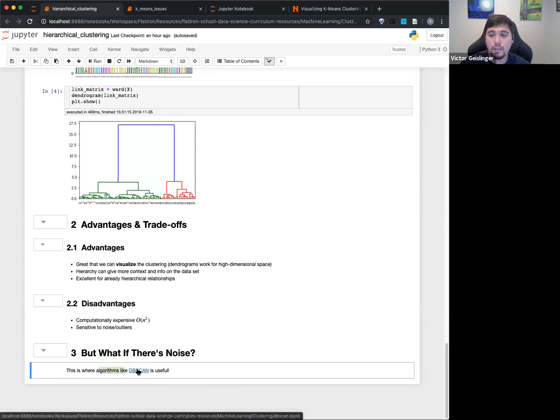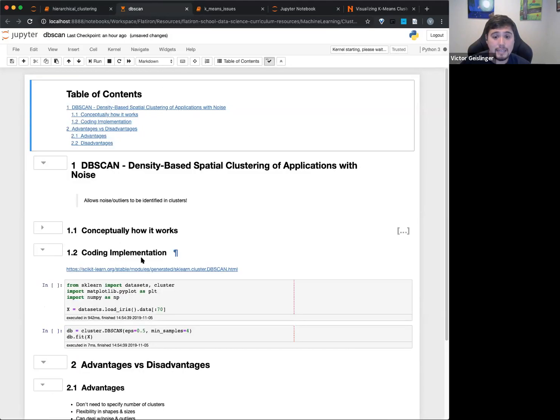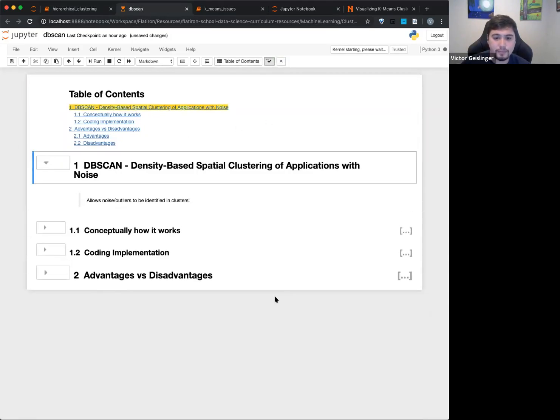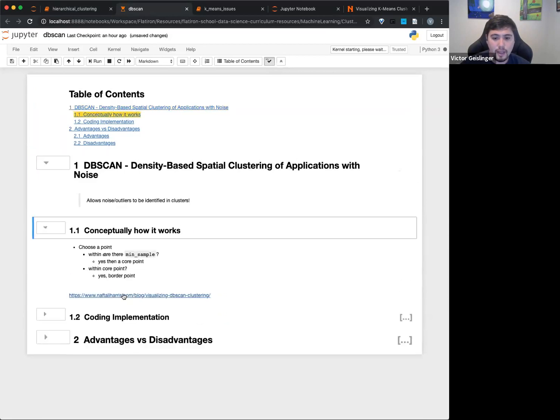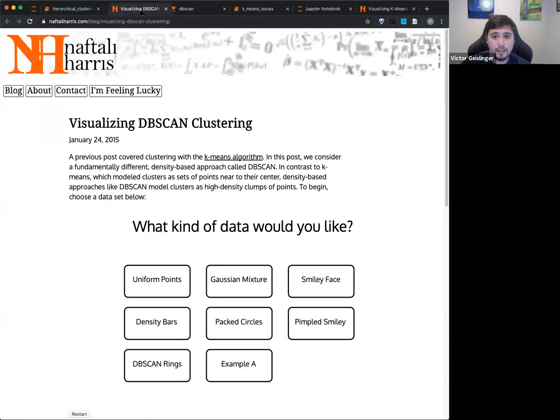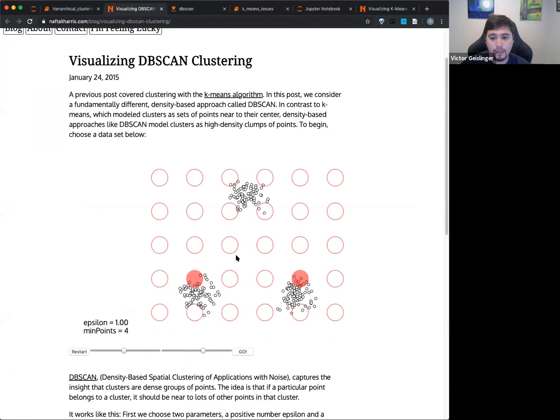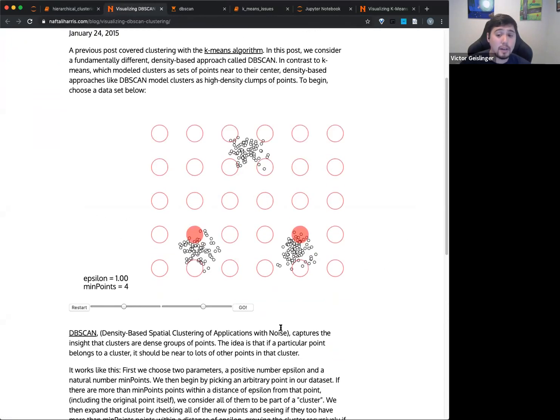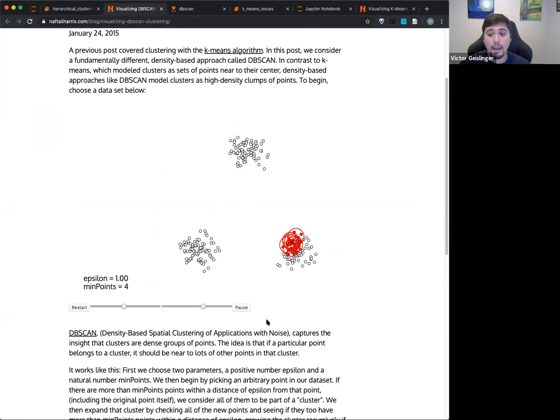I'll do a quick intro before we head out. DBSCAN is going to identify, and I'm just going to show you really quickly what this looks like, because we'll do this next time before we do pipelines. This is fun to watch. Basically, DBSCAN does the idea of clustering, but actually looks for noise.